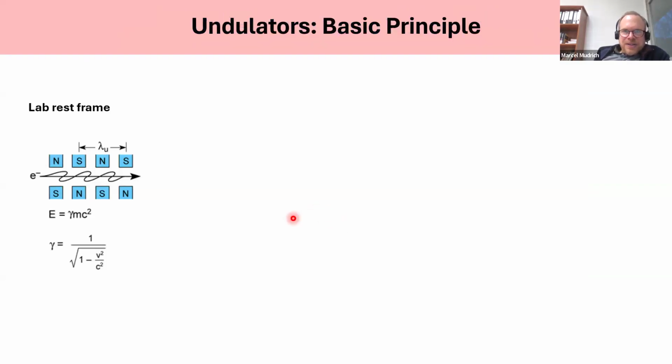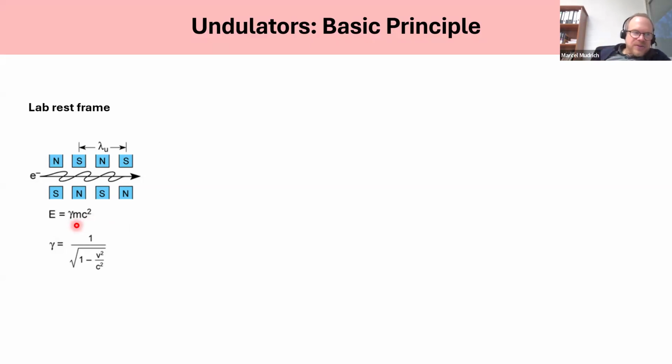So the procedure is that in the lab rest frame, electrons are forced on these periodic trajectories through the undulator. But the electrons are relativistic, so their energy is given by this relativistic formula, gamma times mc squared. m is the rest mass of the electrons.